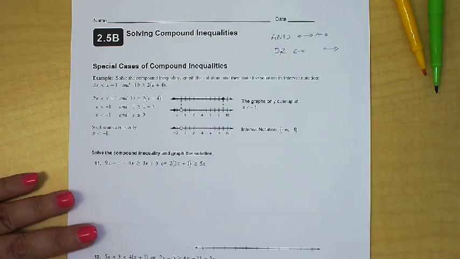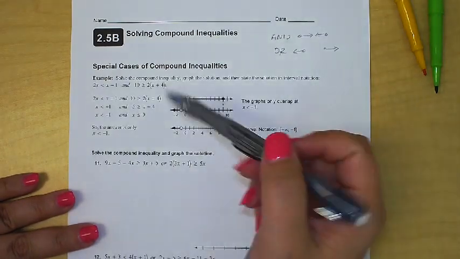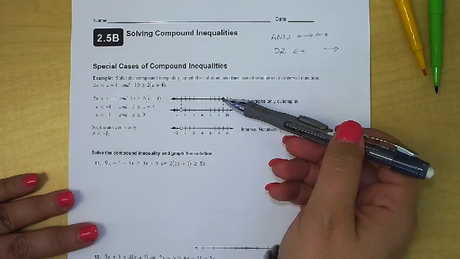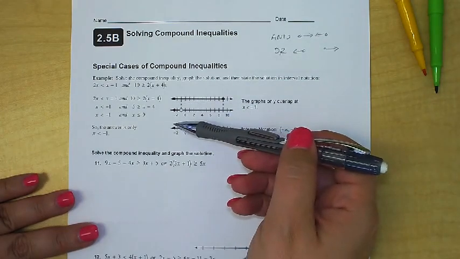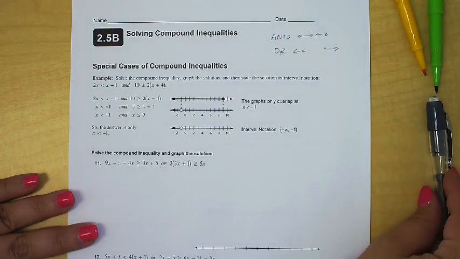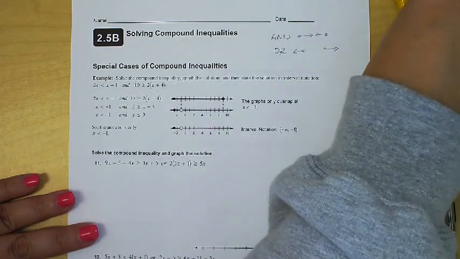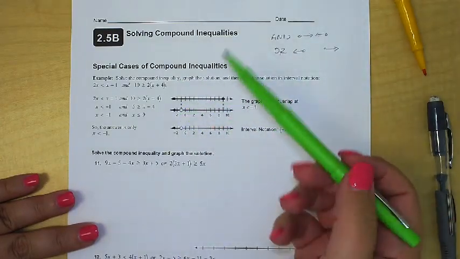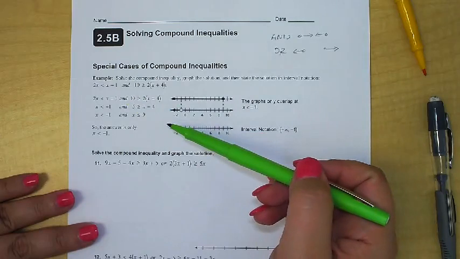So when this happens, most of the time when we have a special case, the two inequalities end up having their arrows pointing in the same direction. I want to remind you that in an AND statement, we're only interested in the region where the solution is true for both. So in this little example up here, I'm not going to go through every detail.